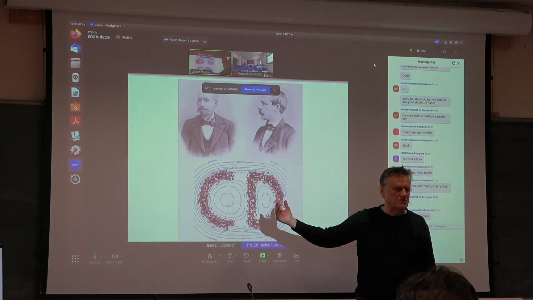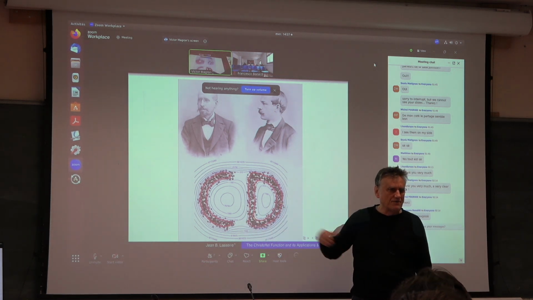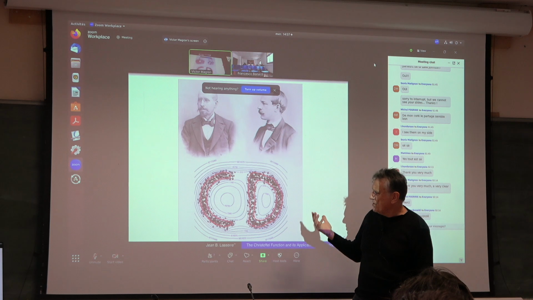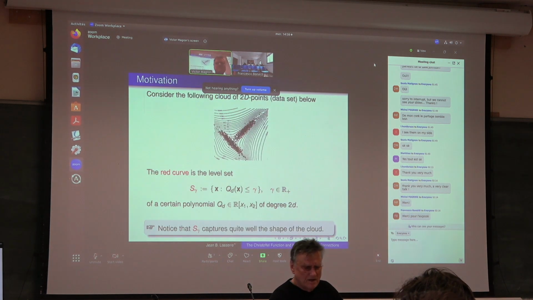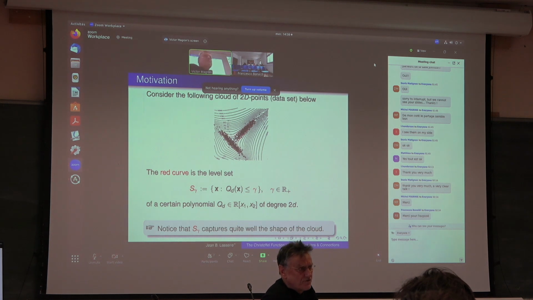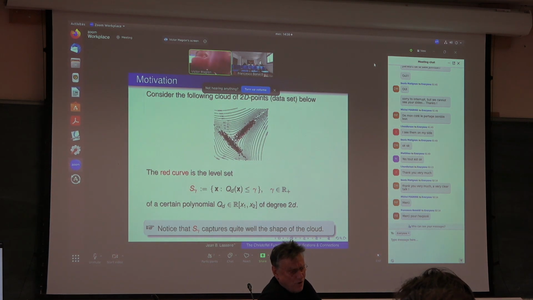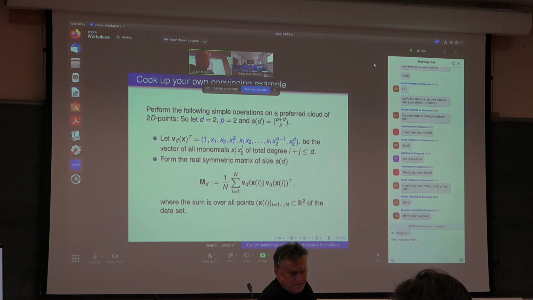It doesn't belong to the distribution mu, right? And the way to do it is just as I said, you pick your score function, QD of x. You define your score function to be the Christoffel polynomial, and you decide that the points x that satisfy this threshold will be inliers, they are okay, and the points x that violate this threshold, you will declare them to be outliers. That's a very simple way to use this Christoffel function for detection of outliers when you have a cloud of points.